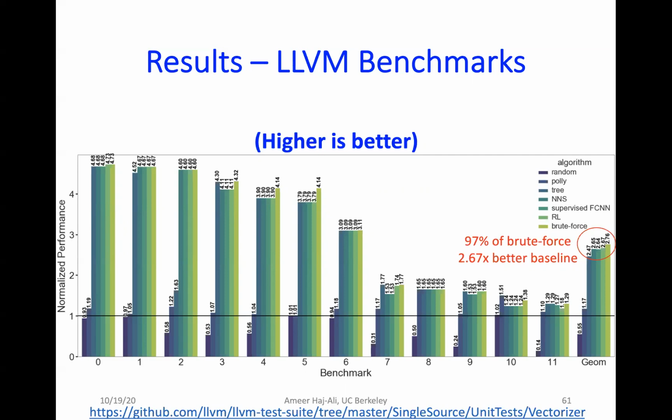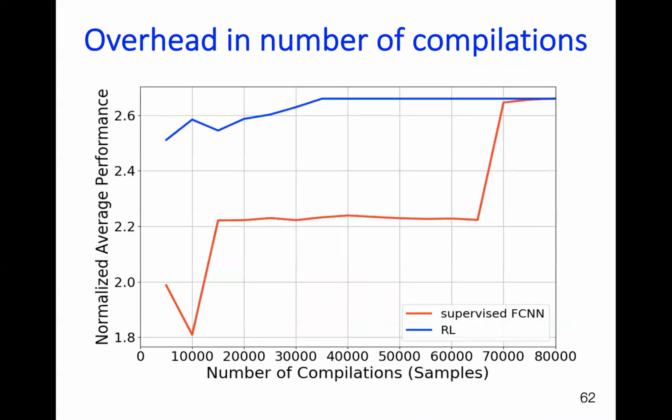But for those of you who noticed, the other supervised learning methods also achieved almost 95% of that. And therefore, what's the point of using deep-RL? Here I want to go to the overhead in the number of compilations that we had to do to achieve this performance. On the left, you see the normalized average performance, and at the bottom, you see the number of compilations, basically how many compilations we had to do to get this GeoMean in performance.